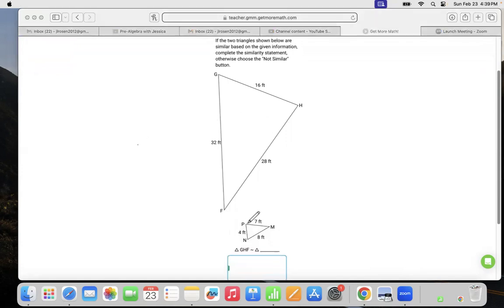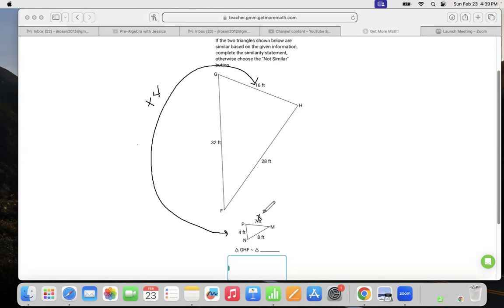So basically what I like to do is look at the shortest side. I have a 4 as my smallest one on the small triangle, and a 16 is the smallest one here. So if these are going to be similar, then there's going to be some sort of relationship between these two. So what I can see is 4 times 4 gets me 16. And then let's see if we have a similar situation, right?